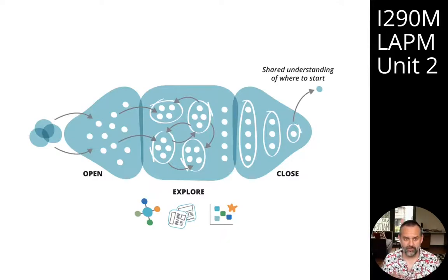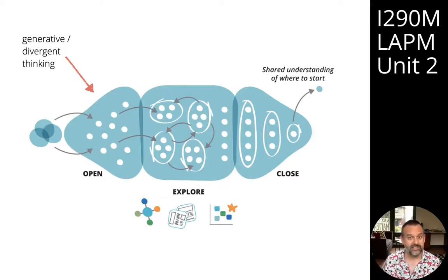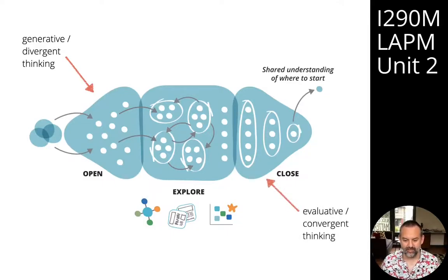And these kinds of exploration ideas have an opening phase where we're coming up with a bunch of ideas and we're not judging them. We're just trying to come up with as many ideas as we can without any judgment. This is called divergent thinking. And then we examine all those ideas, and then we do what's called evaluative or convergent thinking, and we choose which ideas are good ideas and then close by picking one or two or a small number of those ideas.